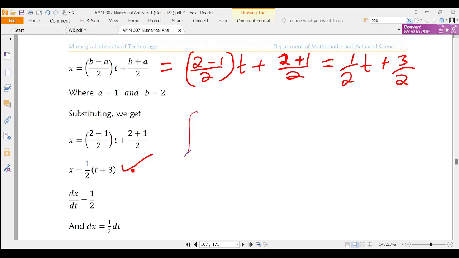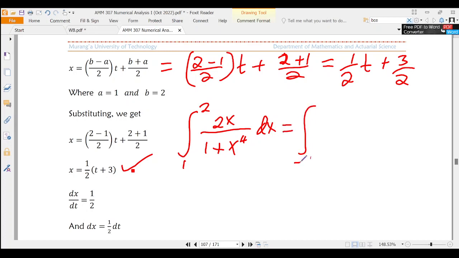So our integral, which was the integral from 1 to 2 of 2x divided by 1 plus x raised to power 4 dx, will now be expressed as the integral from -1 to 1. The limits of integration will have been transformed to -1 to 1, but also x will be expressed as a function of t, as we have here, a half into t plus 3.